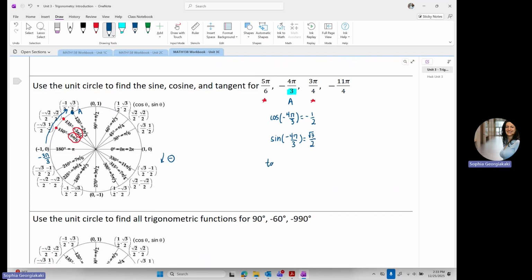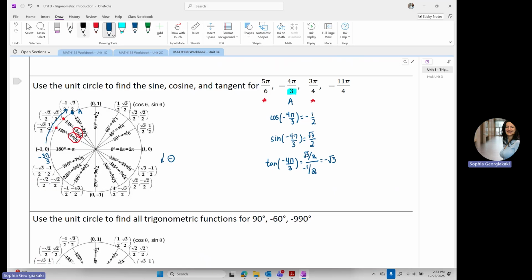And the tangent of negative 4 pi over 3 will be the y-coordinate divided by the x-coordinate. The denominators will simplify. Square root of 3 divided by negative 1 equals negative square root of 3.